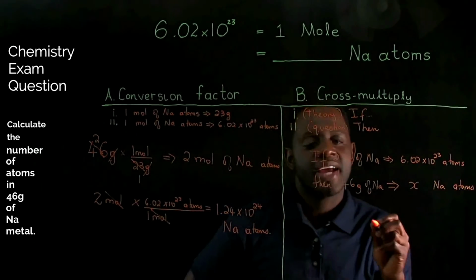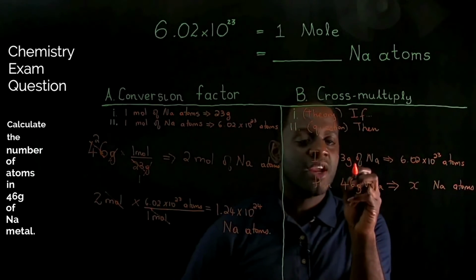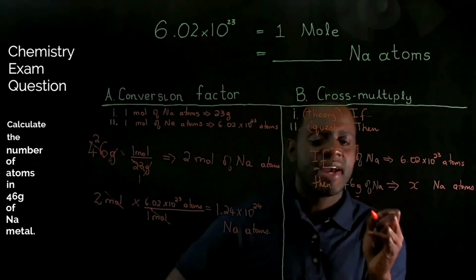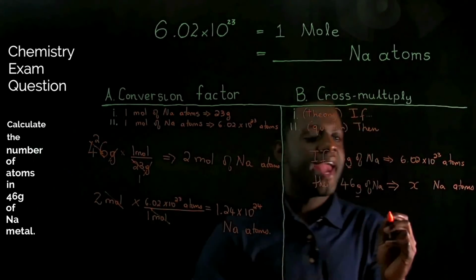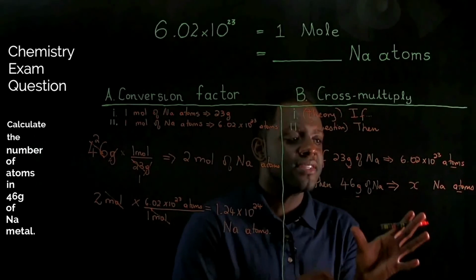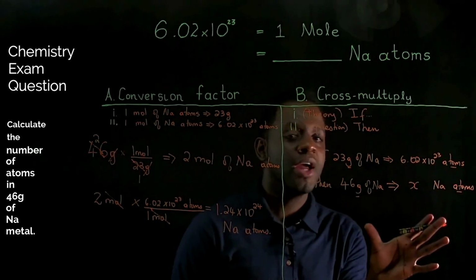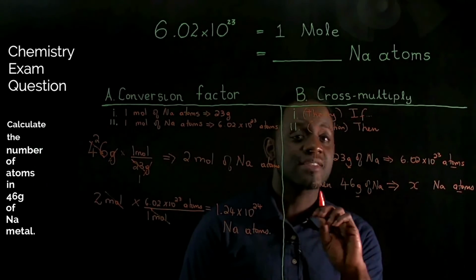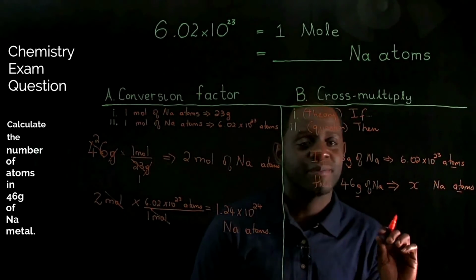Notice that I was careful enough to put the grams on one side, this side, and the atoms on the other side. And this is a way to ensure that my mathematical statements are logical and sound and clear.